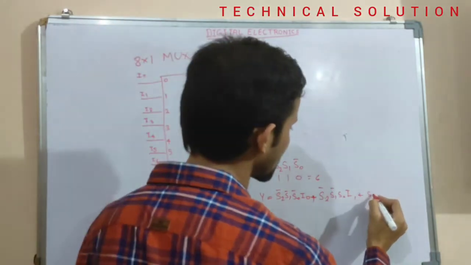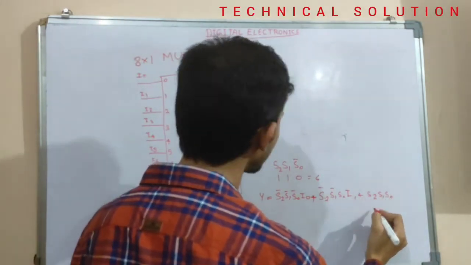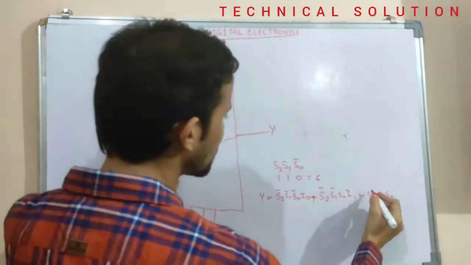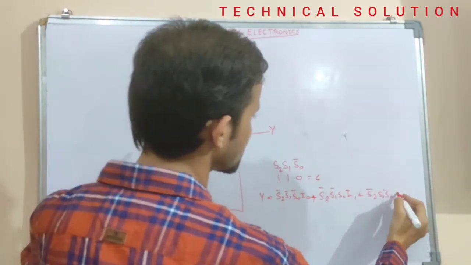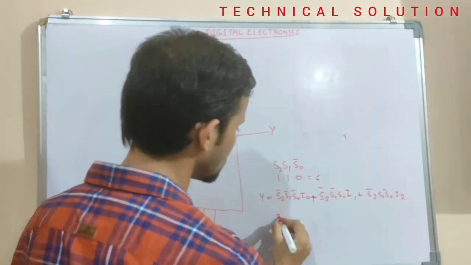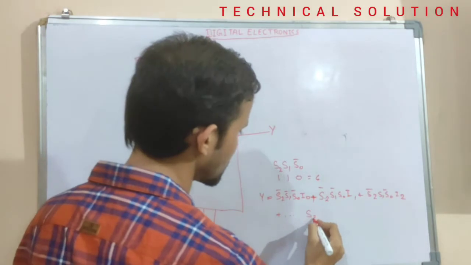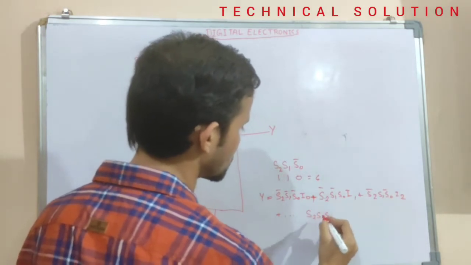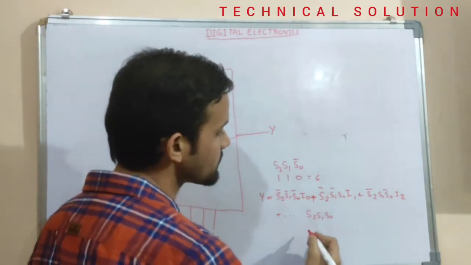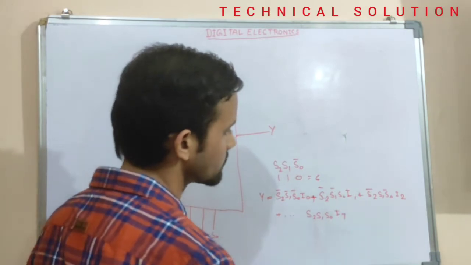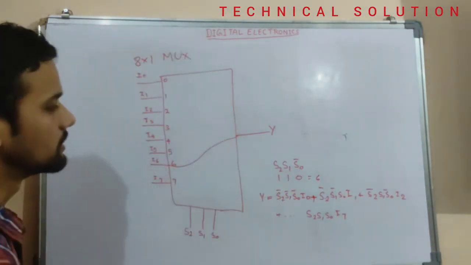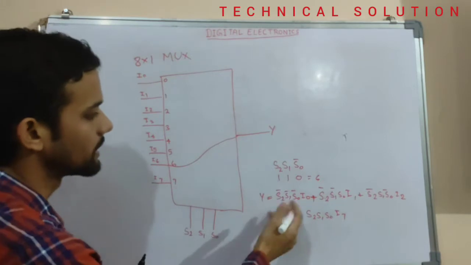Next is S2 bar, S1 and S0 bar, and I2 is passed. Likewise S2, S1 and S0, which is the decimal representation of 7, so I7 is passed through this. In this way the output is written.